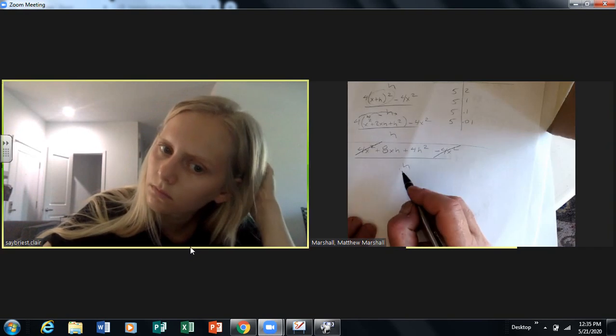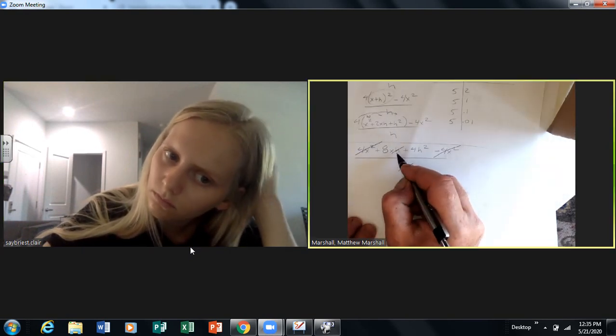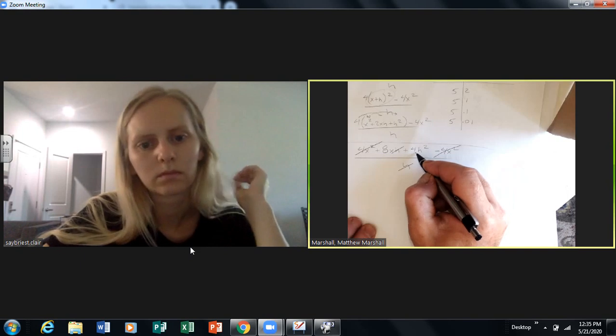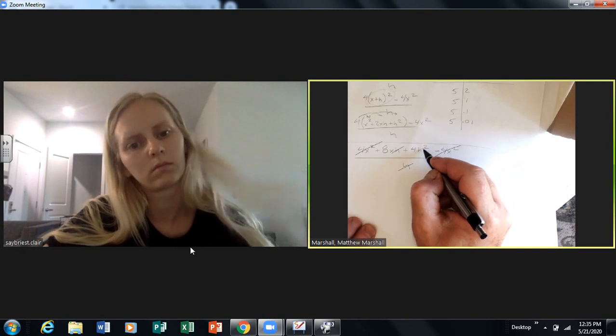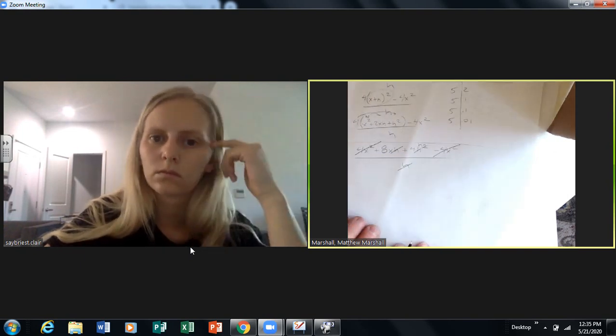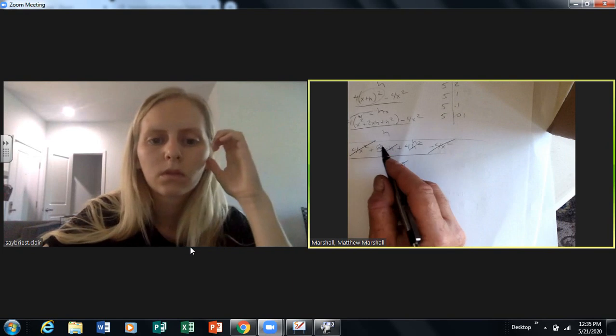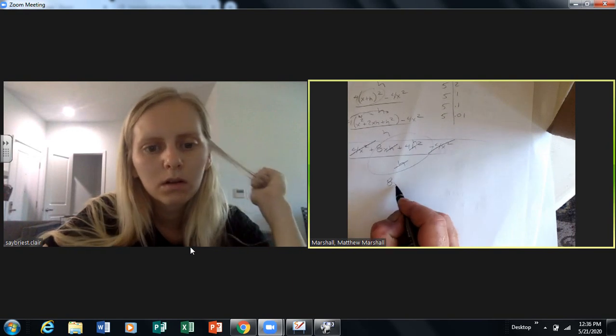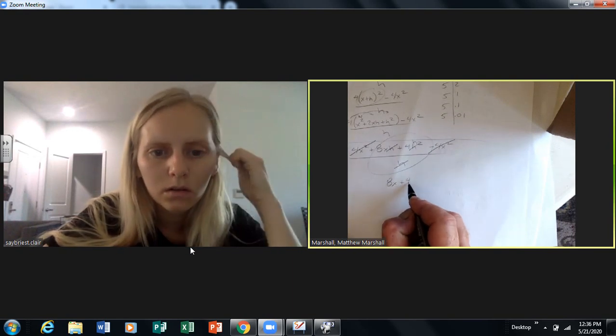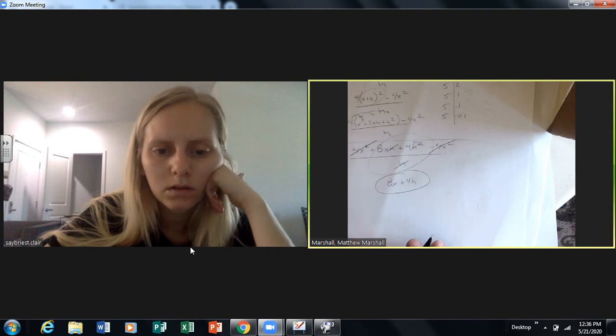Slash away that h right there, and then slashing away this h hacks this down to just plain old 4h. So after all that, you're left with 8x plus 4h. That's the little formula we're going to use up here.